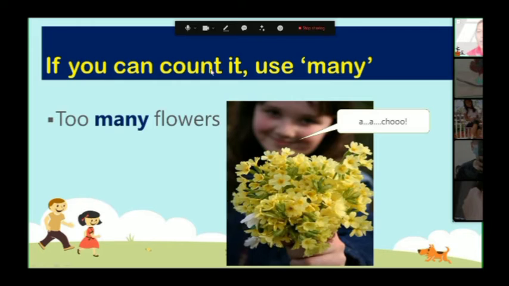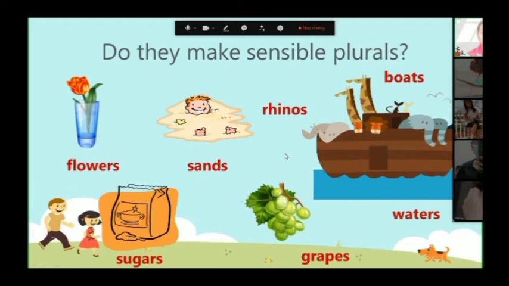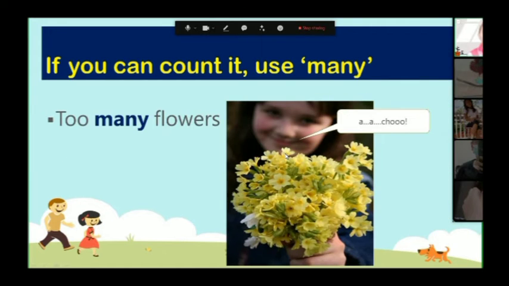The use of many. So if we can count it, we use many. Can you follow the use of much or many? How much? How many? So if we can count the things, we use many.